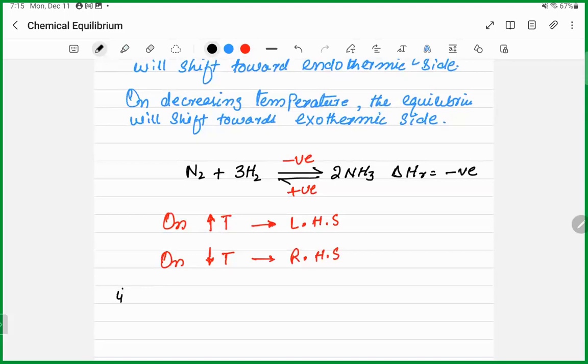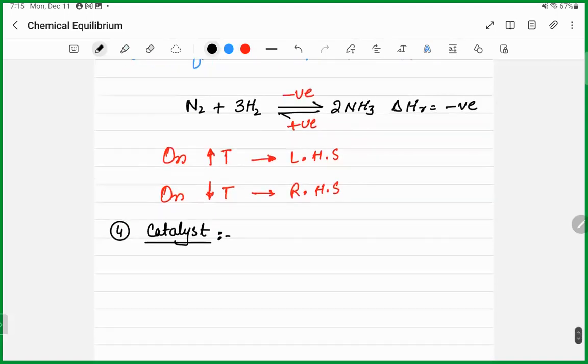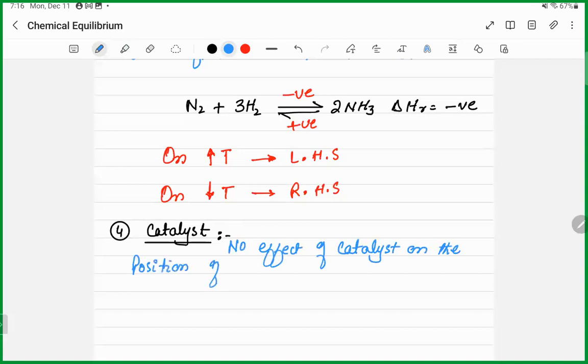Number 4th and the last one is the effect of catalyst. Effect of catalyst. A one-liner statement. No effect of catalyst on the position of equilibrium. On the position of equilibrium.